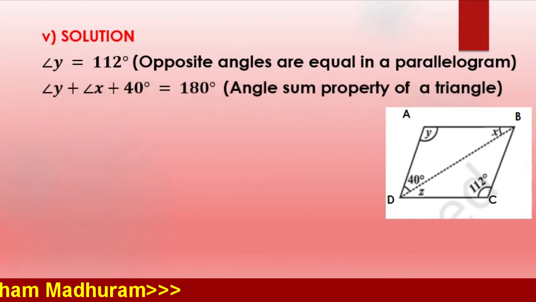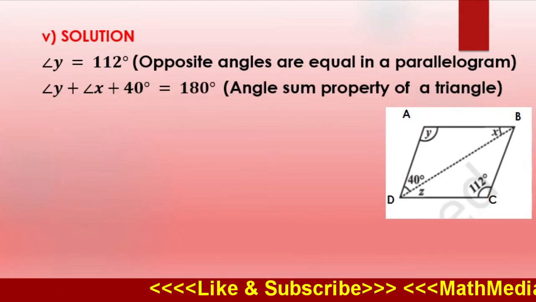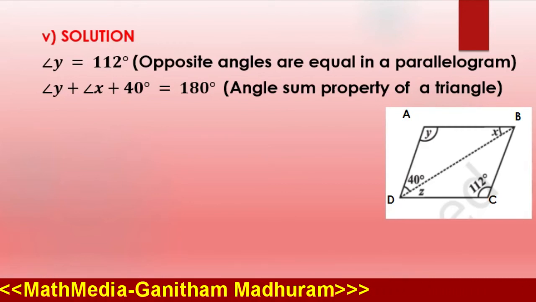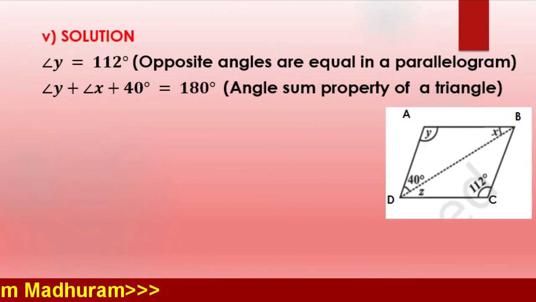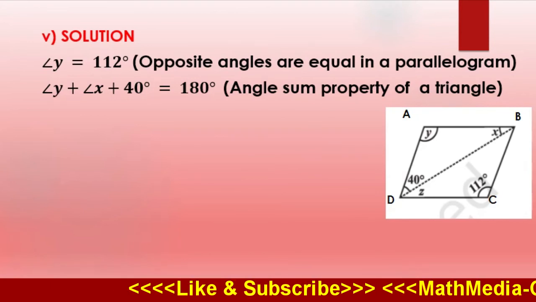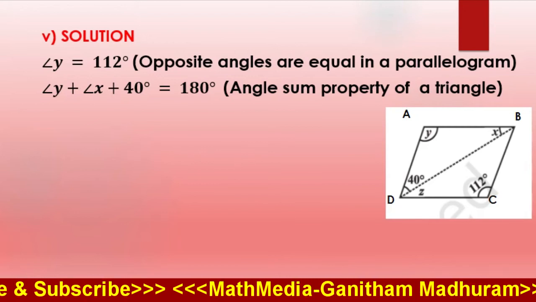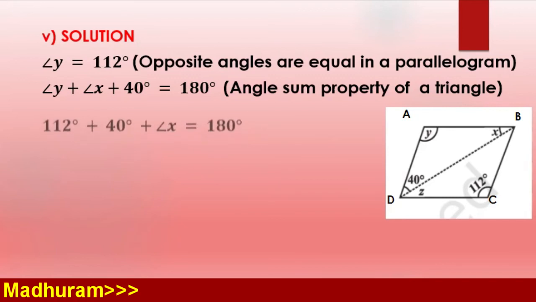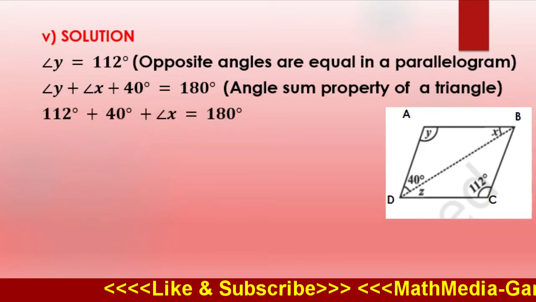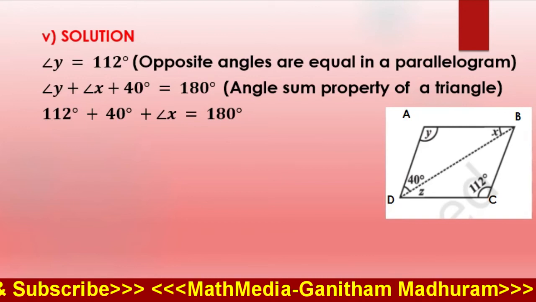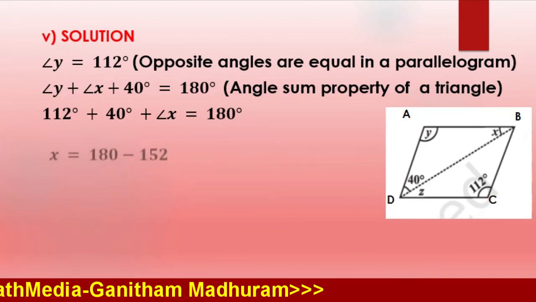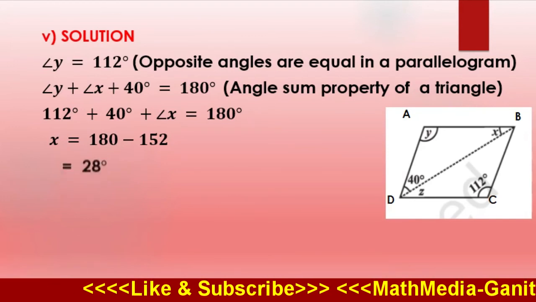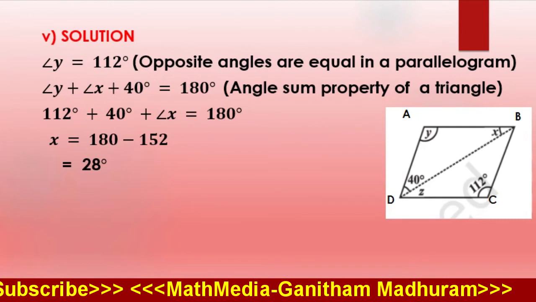Next, consider the triangle ADB. y plus 40 plus x equal to 180 degrees, angle sum property of a triangle. Now substitute the value of y, then we can find the value of x. That is 112 degrees plus 40 degrees plus x equal to 180 degrees, or x equal to 180 minus 152 equal to 28 degrees.